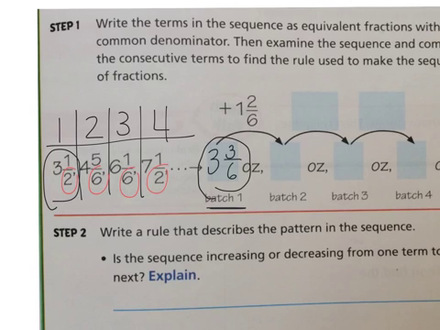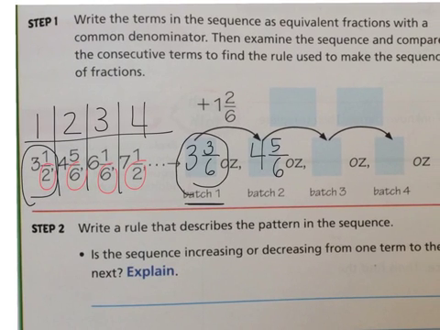Okay, batch 2, 4 5/6. Do we have to change that denominator? No, we can keep it the same because it's already sixths. What about batch 3? Do we have to rewrite an equivalent fraction? Nope, so I can just write again how much? 6 1/6. What about batch number 4? 7½ is equivalent to 7 3/6.